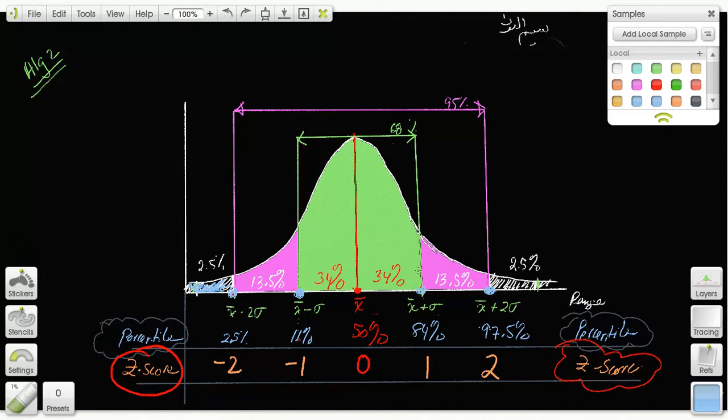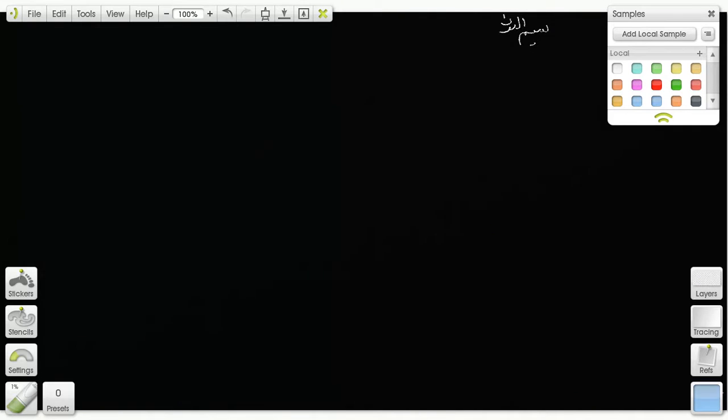I'd like to do another example from the book, and we're going to start all over. We're going to try to do this again because it's that important. Example number 2 in the book says the blood cholesterol readings for a group of women. They did a study on a group of women, and the data gathered follows a normal distribution.